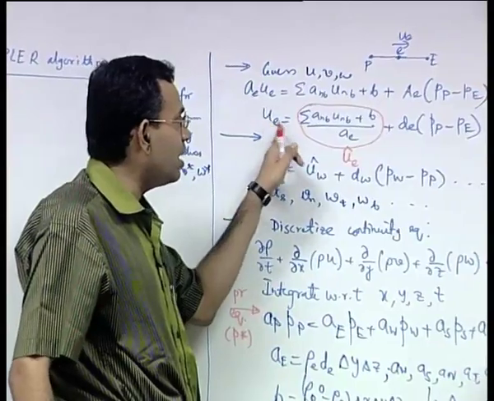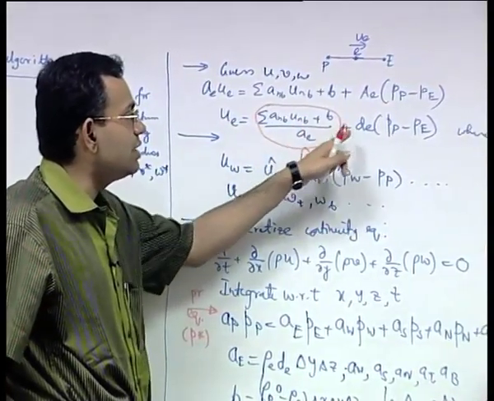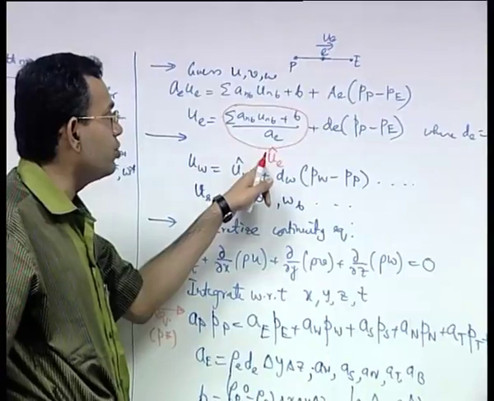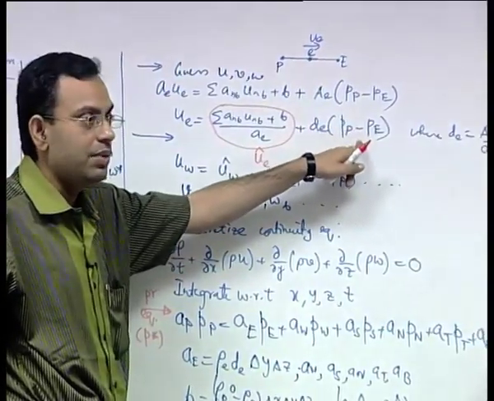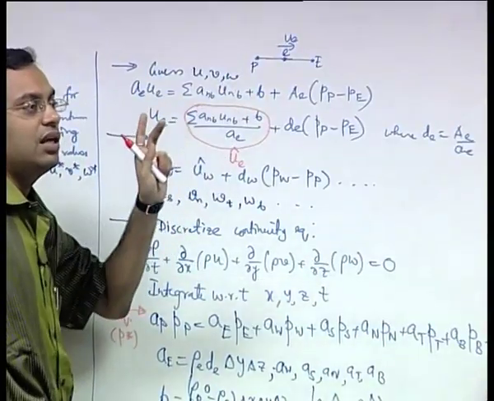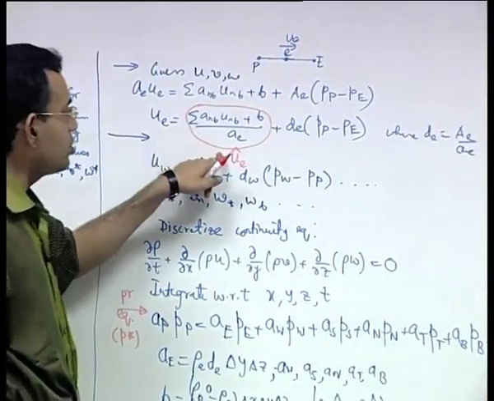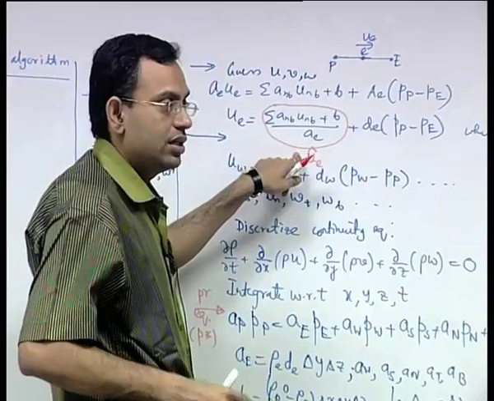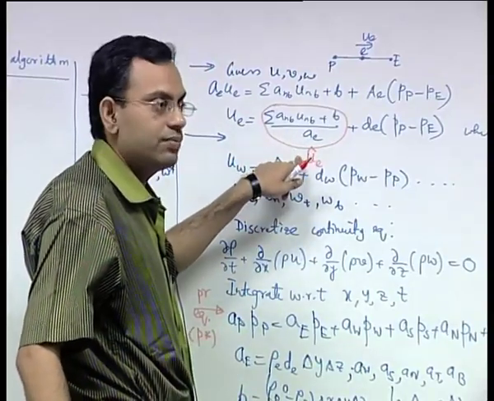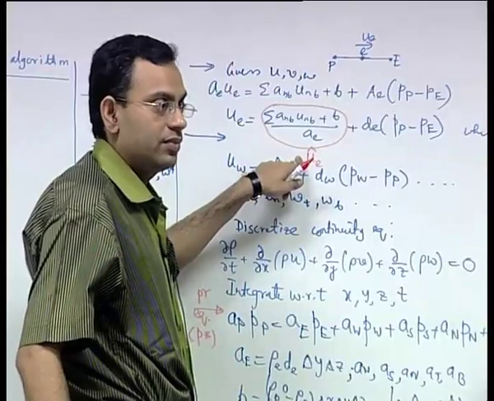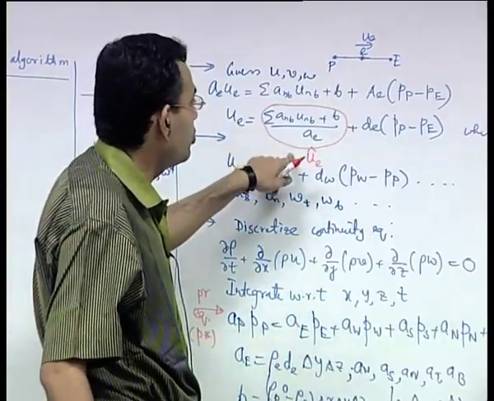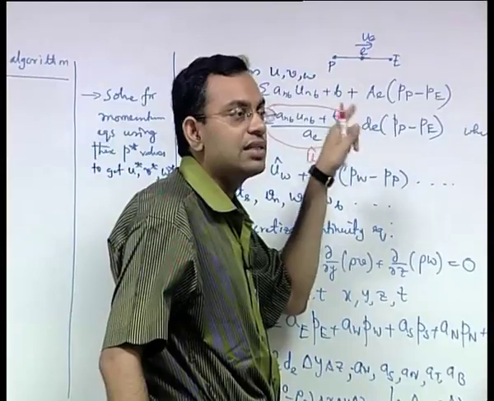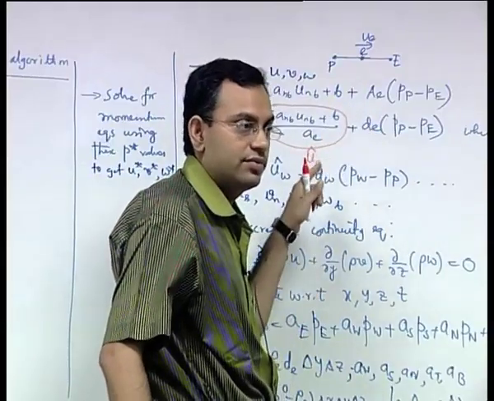See, although the formula u equal to u hat plus d into pp minus p is algebraically similar to u equal to u star plus d into pp dash minus p dash, there is a difference in terms of paradigm. Here there is no such approximation of omitting the neighboring terms in velocities. It is an exact formula without dropping any term, whereas when you consider u equal to u star plus d into pp dash minus p dash you have already neglected sigma nb u nb dash.